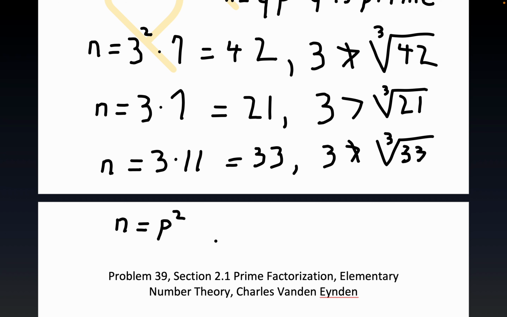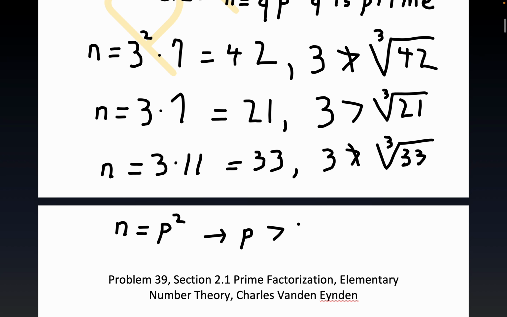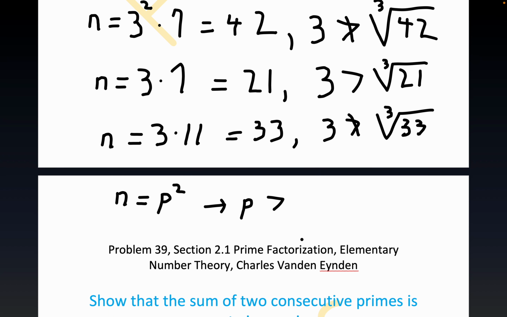That implies that it's always going to be the case that P is greater than the cubed root of P squared. And that's crystal clear, isn't it, folks? P is greater than the cubed root of P squared. So this form always works.